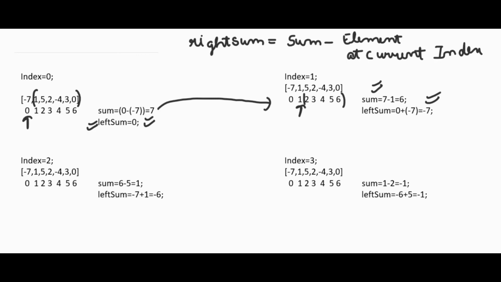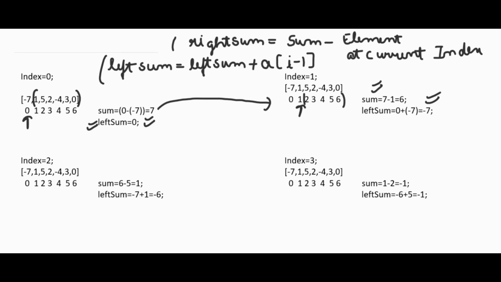And left sum will be the left sum that we have already calculated plus the element at, let's say this array is A, at index I minus 1. I minus 1 represents the element at the previous index, right? So the left sum will be calculated like this and the right sum will be calculated like this.